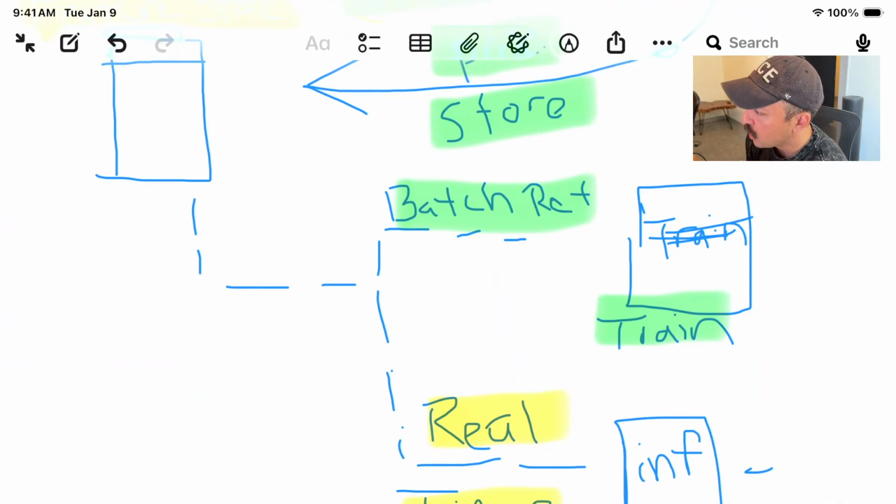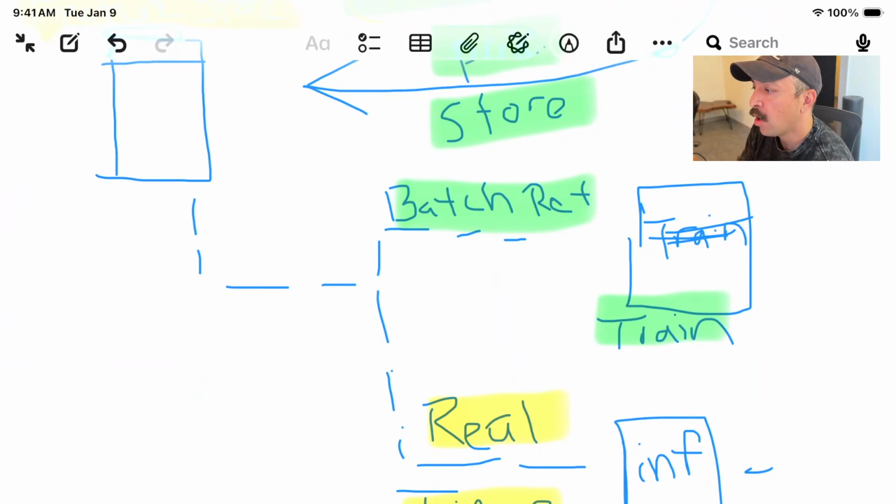Training reads everything slowly, and inference reads things instantly, or we would hope instantly. They share the same definitions so that the model behaves the same way in prod as it does in testing. We don't try to make those behaviors any different.